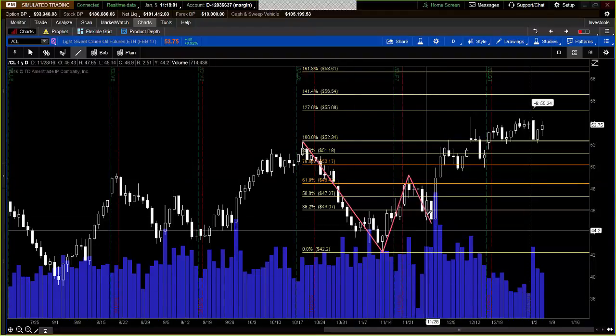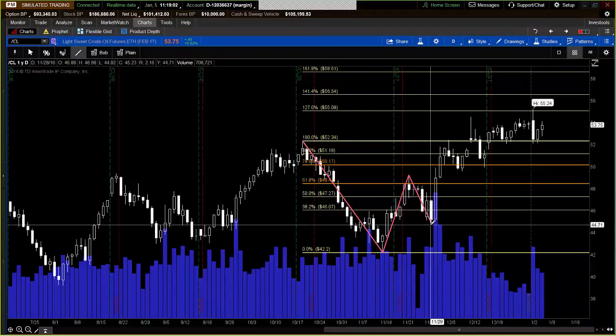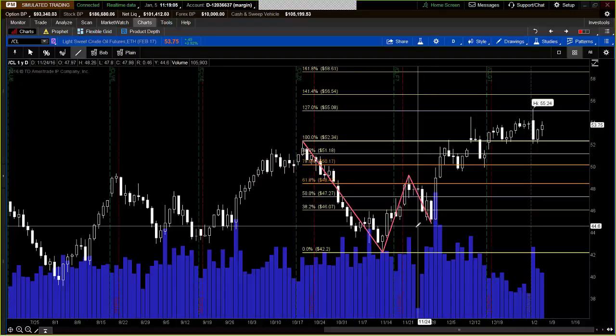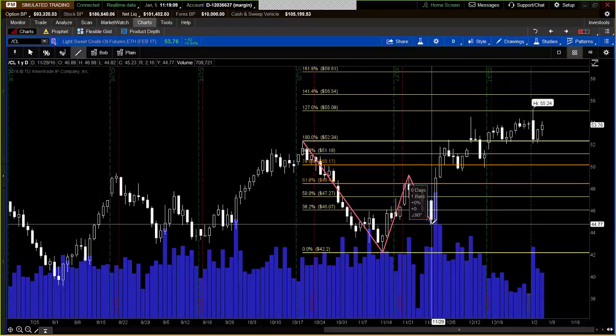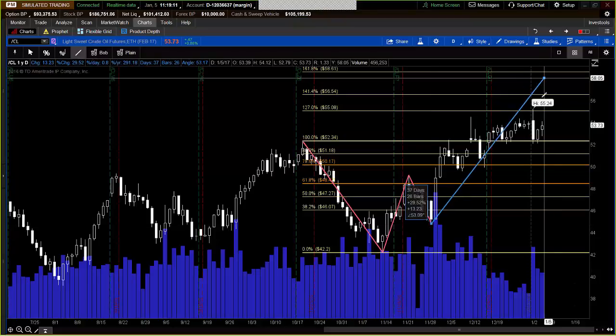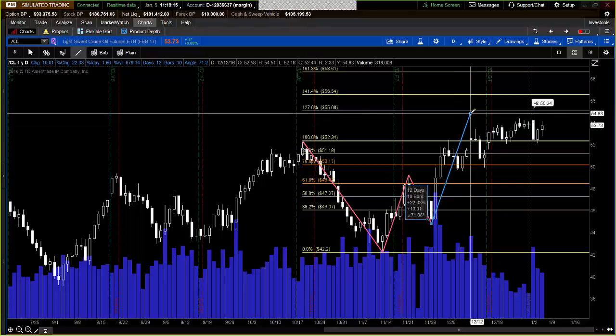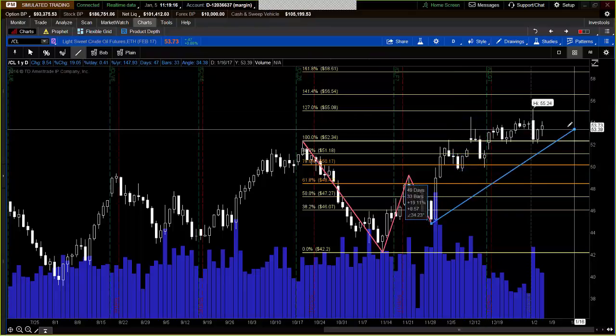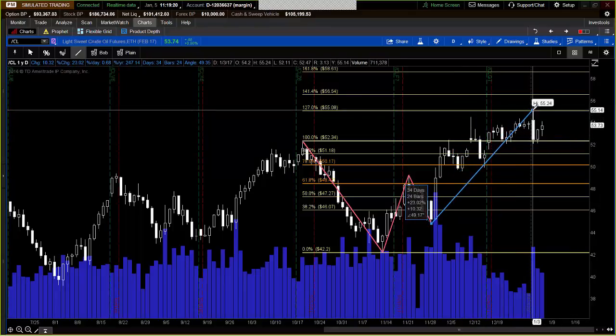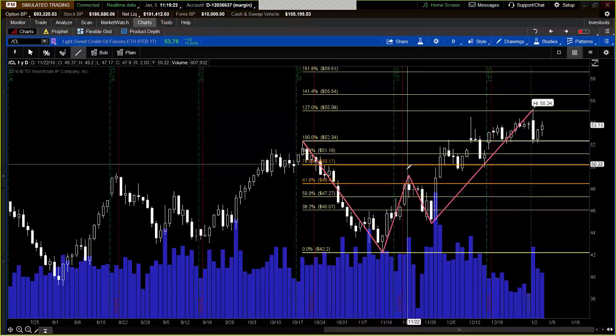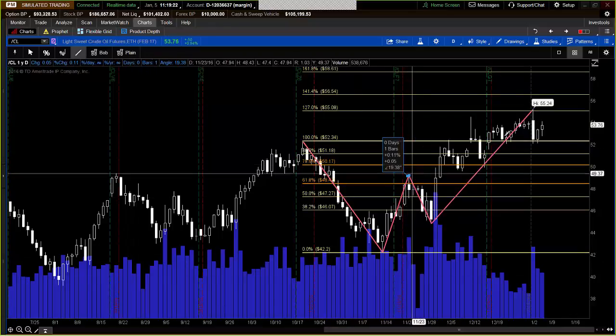If I measure this swing, it's going to be approximately at the 618 of that. So it's just remarkable. I'll draw that in after I finish this. So now it came up to this 127. By the way, it came up here close to the 127 earlier and came down. But we're going to look at today, and there it is, and there's our butterfly. This is the butterfly shape.